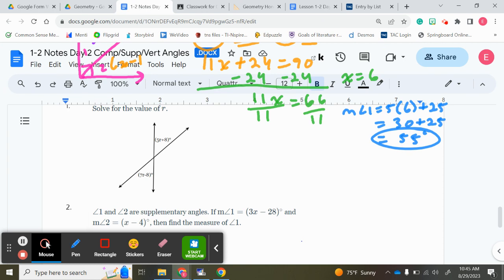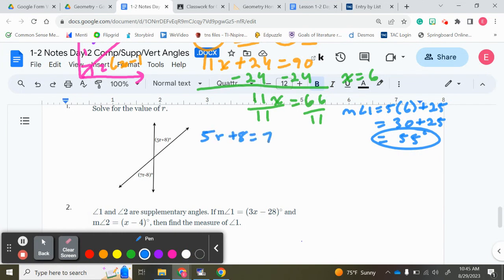Okay, I want to make sure you guys have time for your homework, so I want to go over these too. Taking a look at number 1. Here's what I got, and then you just let me know what you need from me. The setup is going to be 5R plus 8 equals 7R minus 8. So from here, you can subtract the 5R from each side.